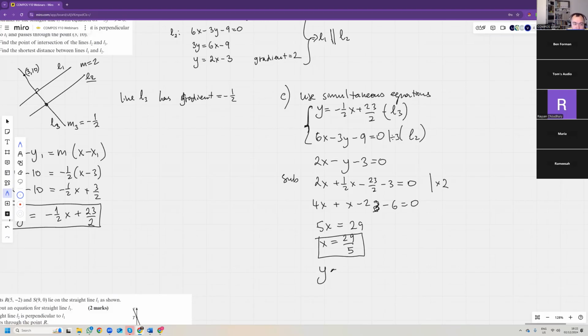And then y is, use any equation, so minus a half times 29 over 5 plus 23 over 2. That doesn't look pretty, but times by 5.